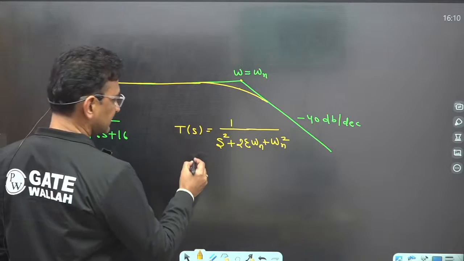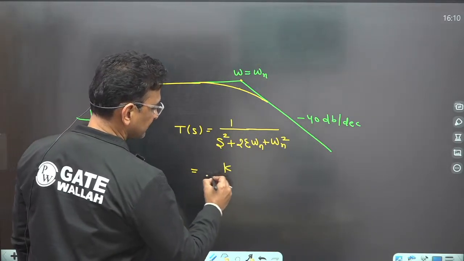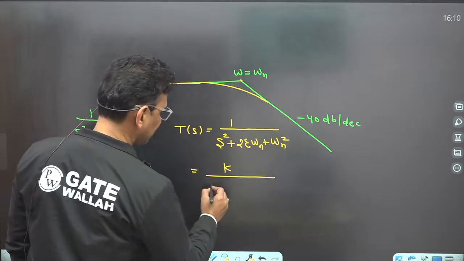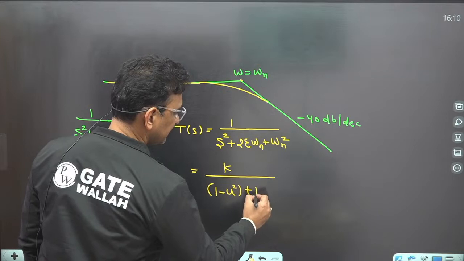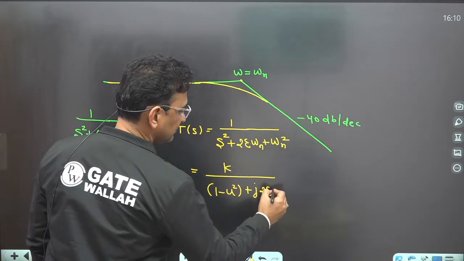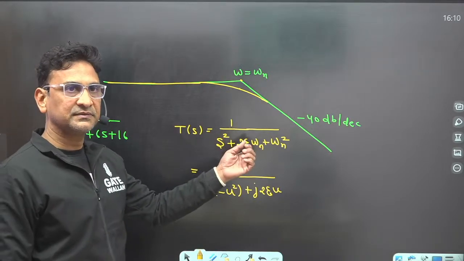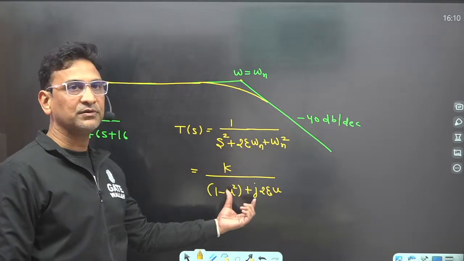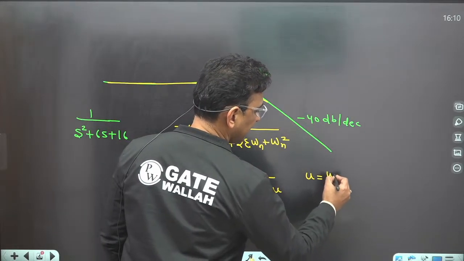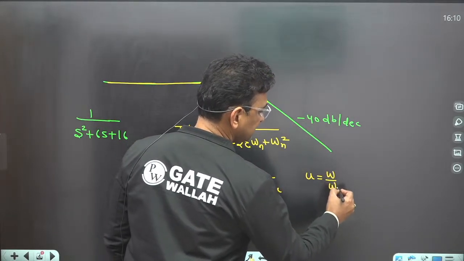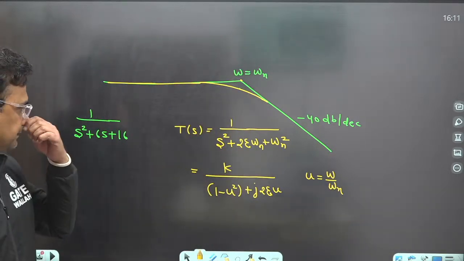If I convert this transfer function into time constant form, then it will be like this: 1 minus u square plus j 2 zeta u. I have converted the transfer function from pole-zero form to the time constant form, where u is nothing but omega upon omega n. U is called the normalized frequency.